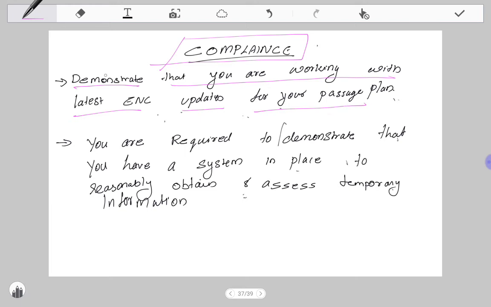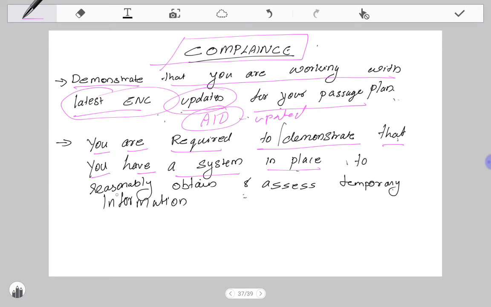That means not only the update for the ENC, the AIO also needs to be updated. And second, you are required to demonstrate that you have a system in place to reasonably obtain and access temporary information. So this is simple.